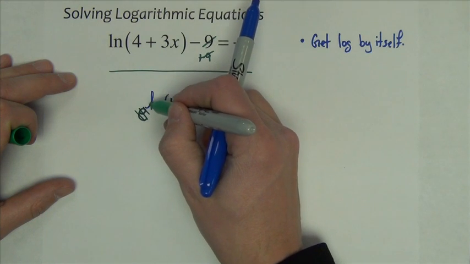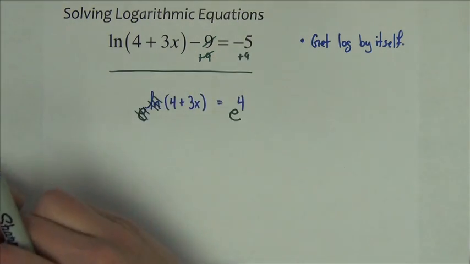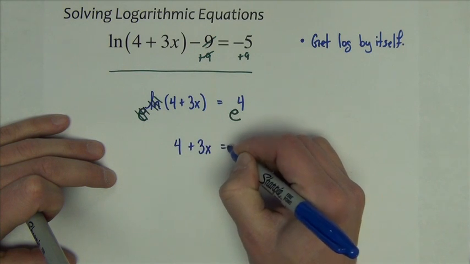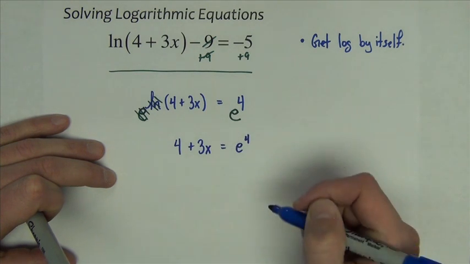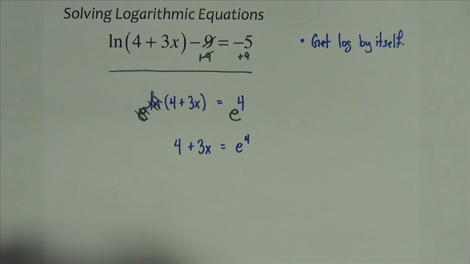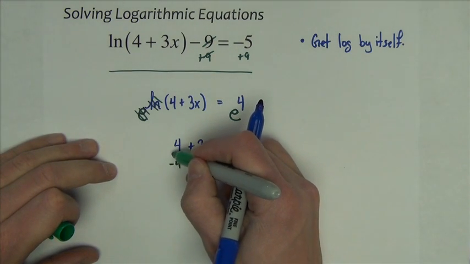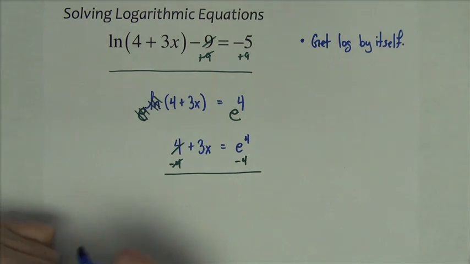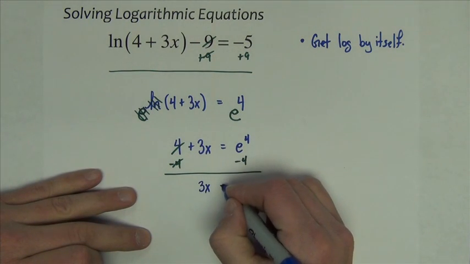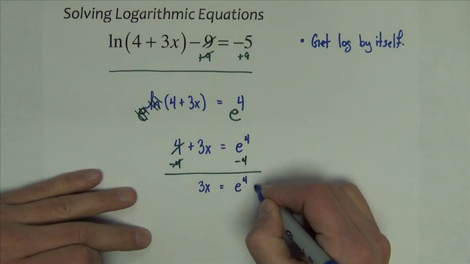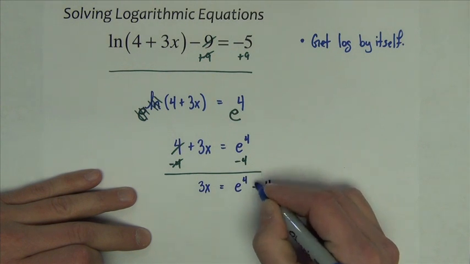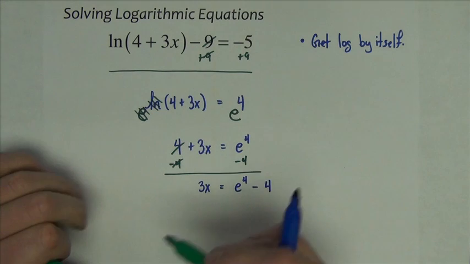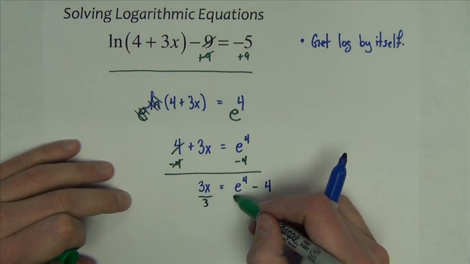The e cancels the natural log, giving us simply 4 plus 3x equals e to the 4th power. I'm going to solve this by subtracting 4 from both sides. So I've got 3x equals e raised to the 4th power minus 4. Those 4's are different. This one's an exponent, this one's just a 4. And then we're going to divide by 3.